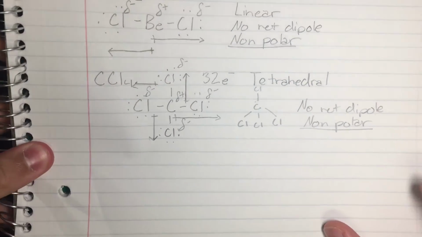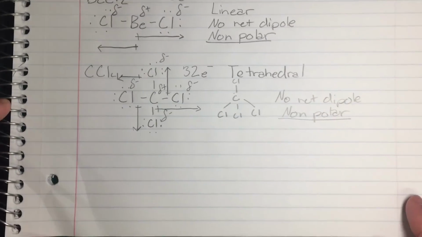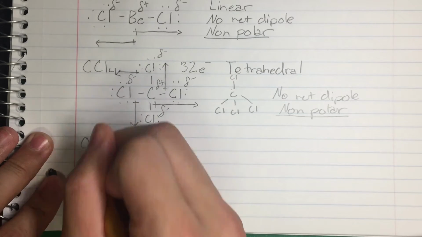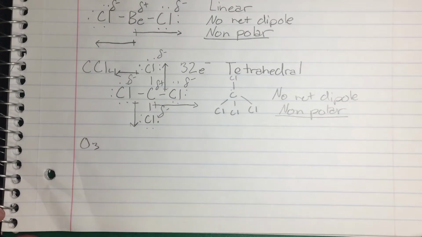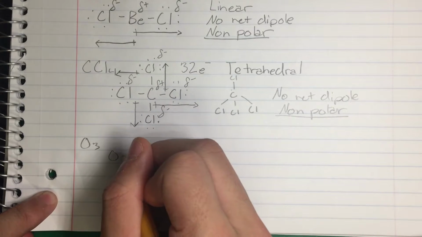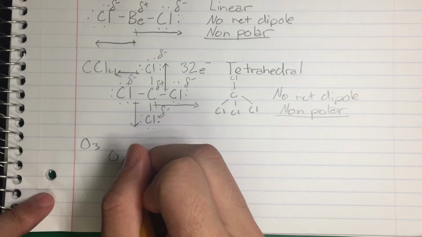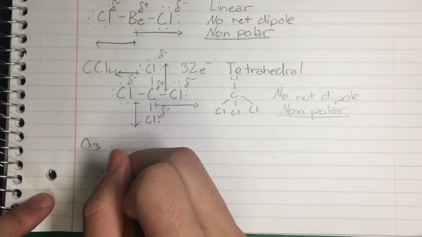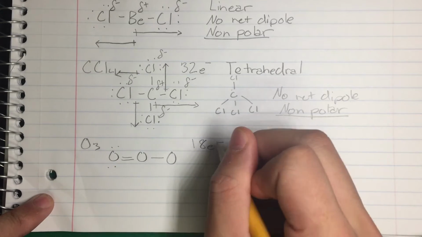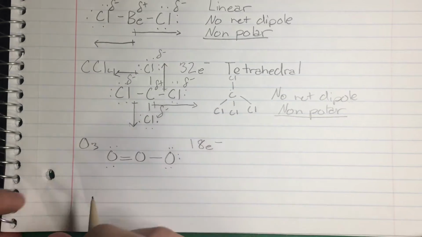That last one is O3. So this would be like this, and O would have to make a double bond with one of them, because there are 18 electrons.